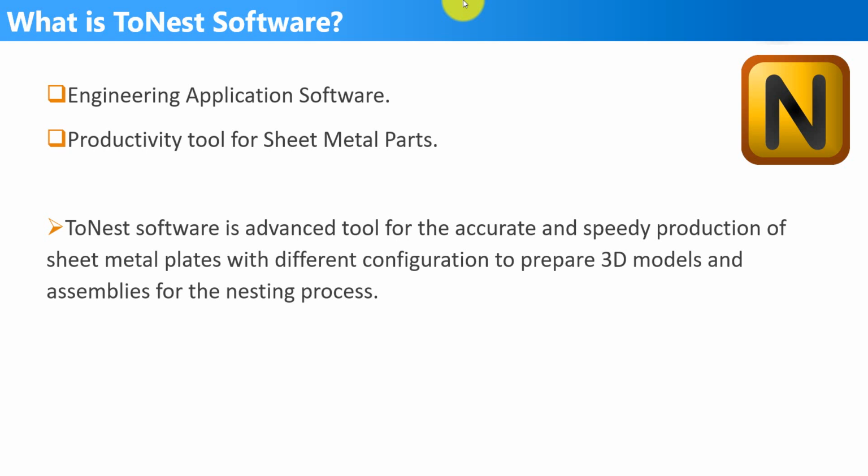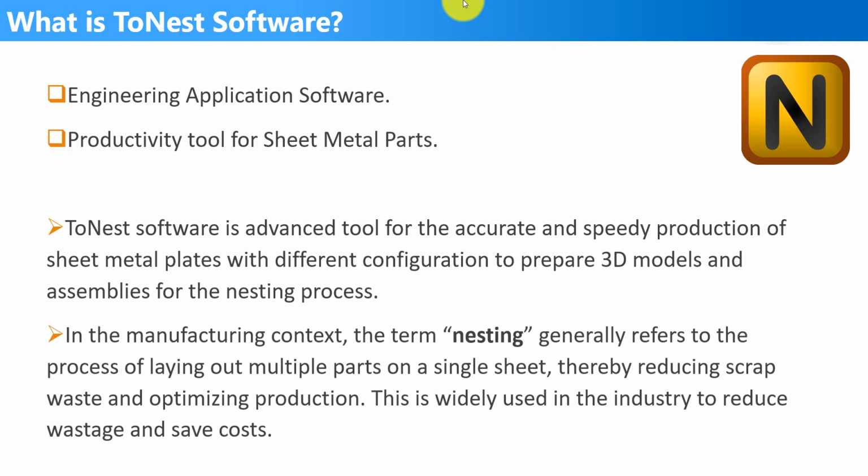for the nesting studies. As we know in the manufacturing context, the term nesting generally refers to the process of laying out multiple parts on a single sheet, thereby reducing scrap, waste, and optimizing production. This is widely used in the industry to reduce wastages and save costs.